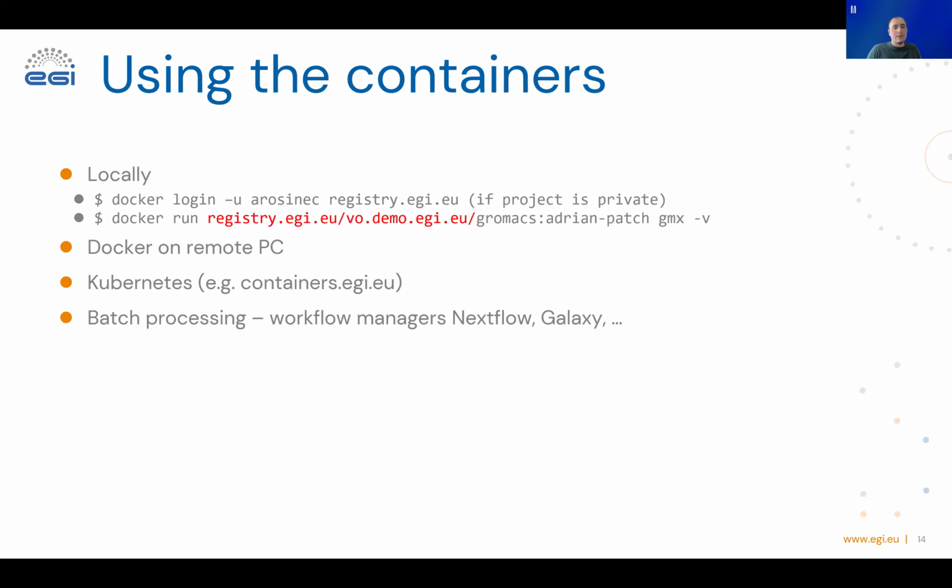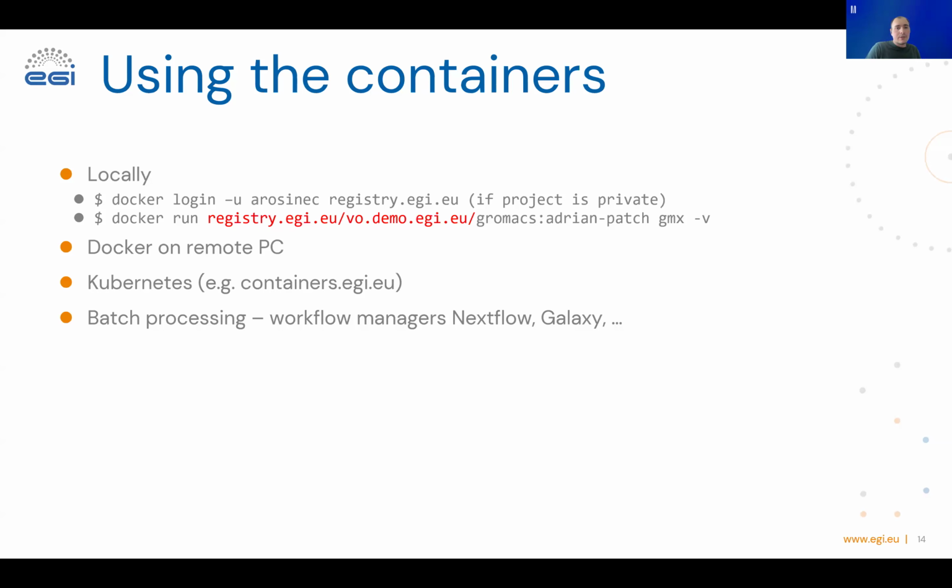So if you are going to use the container or share it with a colleague, he or she can use the common ways to run it on a local computer with Docker, or with Docker on a remote PC, for example, in the EGI Fed Cloud services, or it could be used as a source image in Kubernetes platforms, like containers.egi.eu.